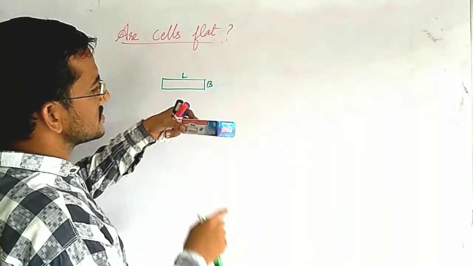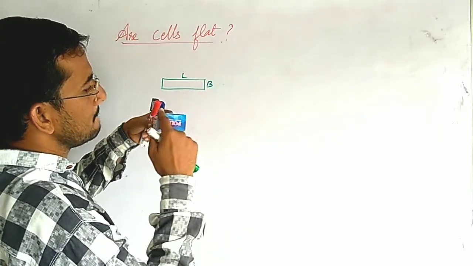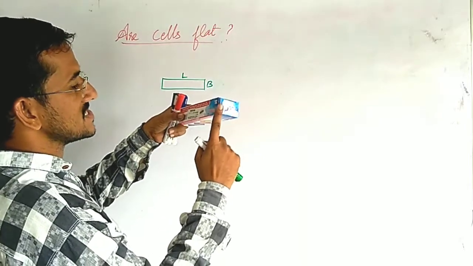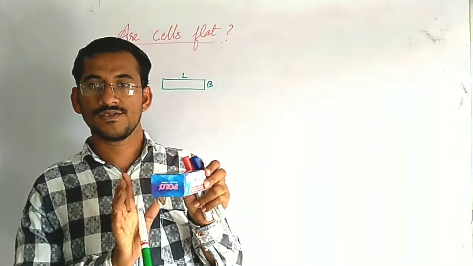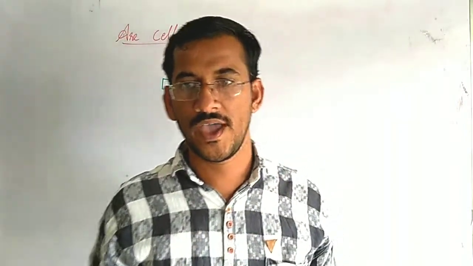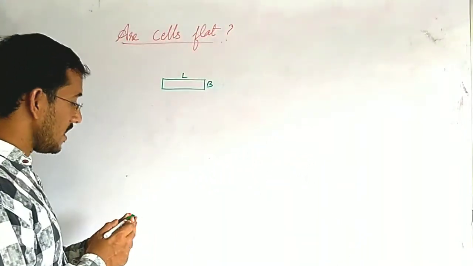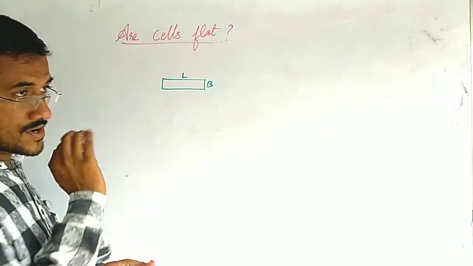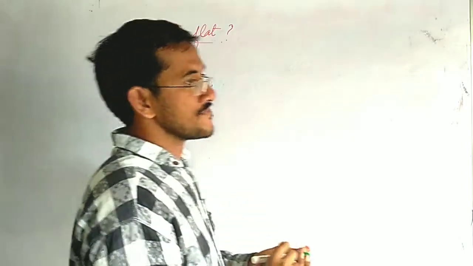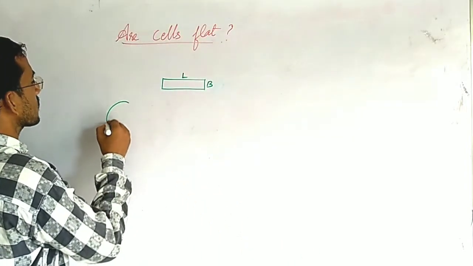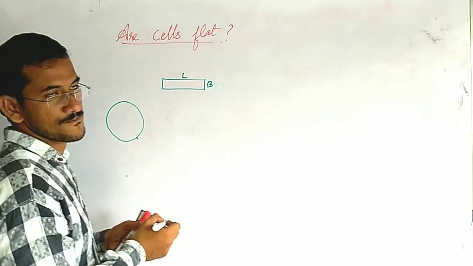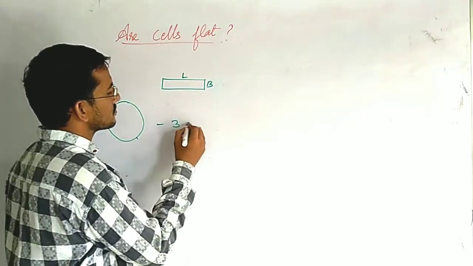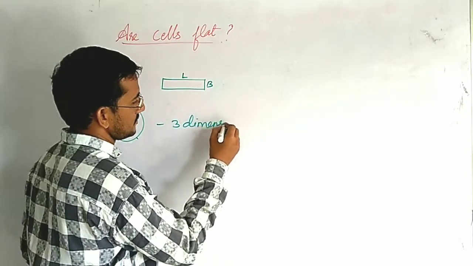But if you see it like this, you can see length, breadth, and height. So this is three-dimensional. In the same way, cells are also not flat structures. They have length, breadth, and they also have thickness. So these are three-dimensional.